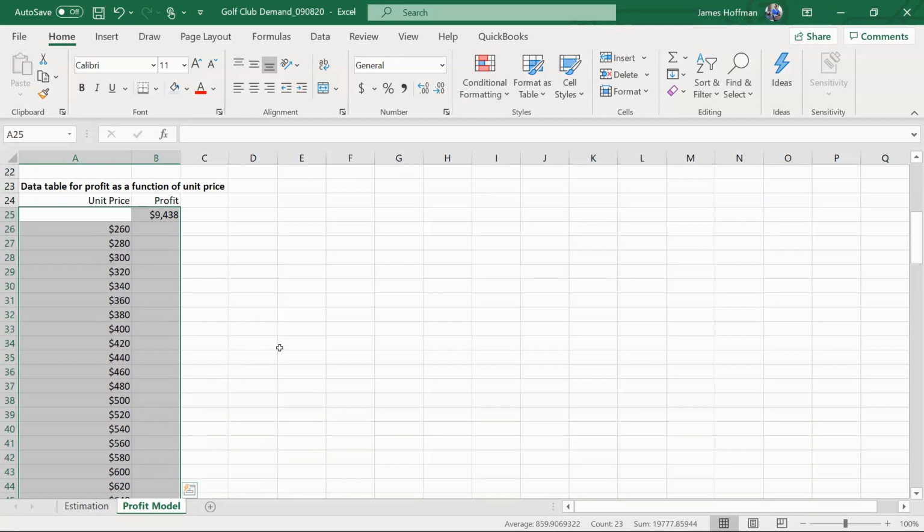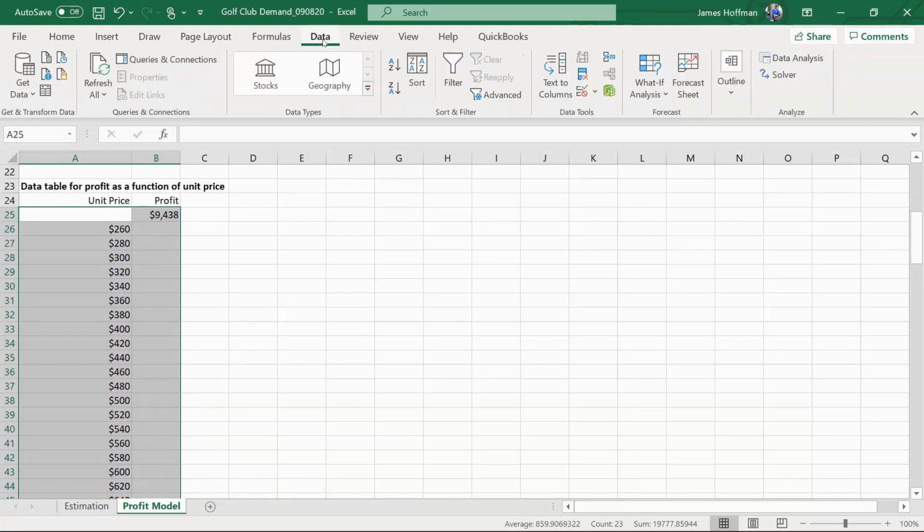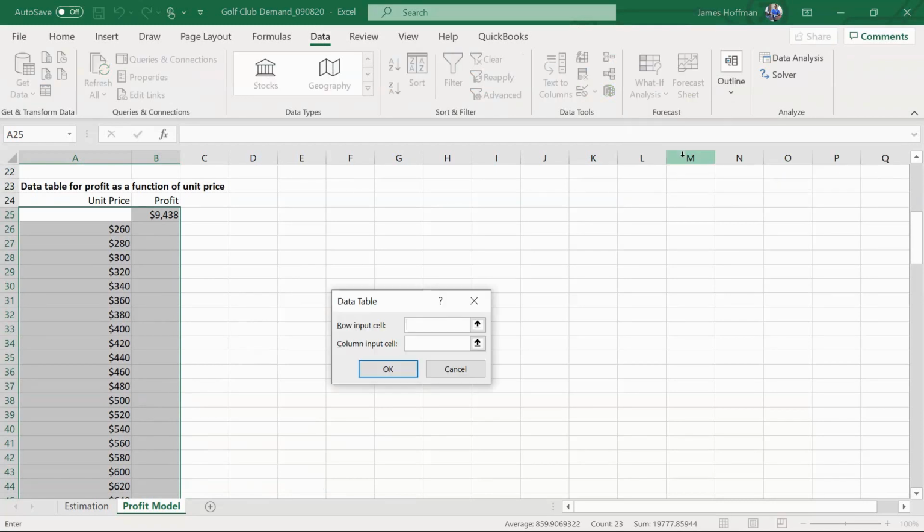And then to make the data table, we can go to Data, What-If Analysis, and Data Table. So we only need the column input cell. We have a one-way table, so leave the row input cell blank.